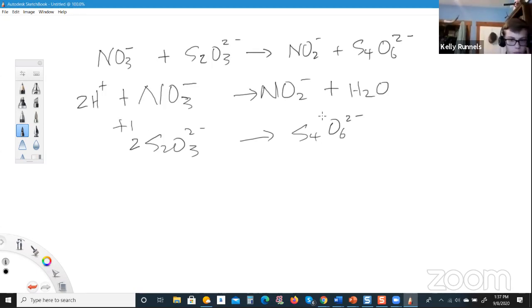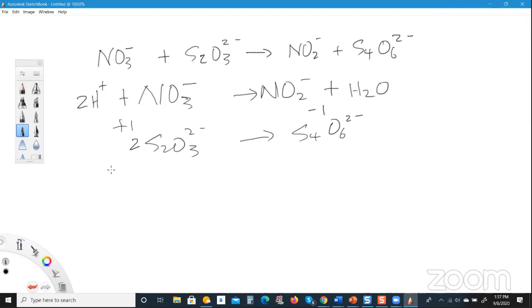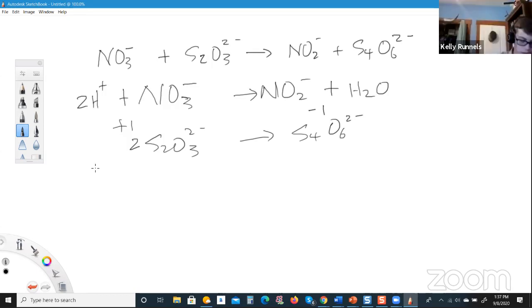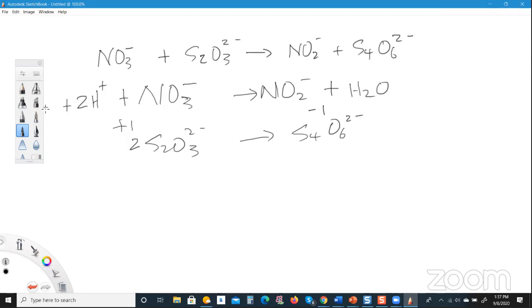And the water molecule has no charge, so the NO2 has a -1 charge. So how many electrons and to which side would you add electrons? I'm going to have to add 2 electrons to the left side. Exactly.